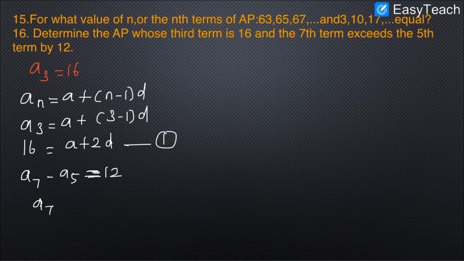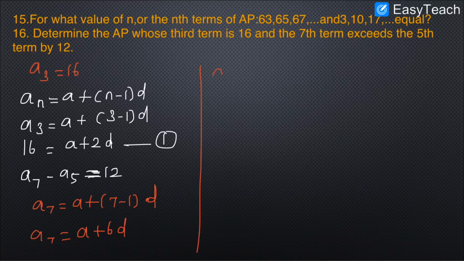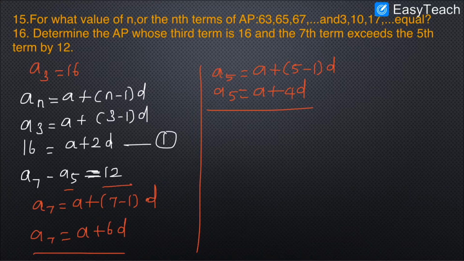For the 7th term, A7 equals A plus (7 minus 1) into d, so A plus 6d. This is for A7. And for A5, we can write A plus (5 minus 1) into d, which is A plus 4d. This is for A5. We know that the difference between these two terms is 12.